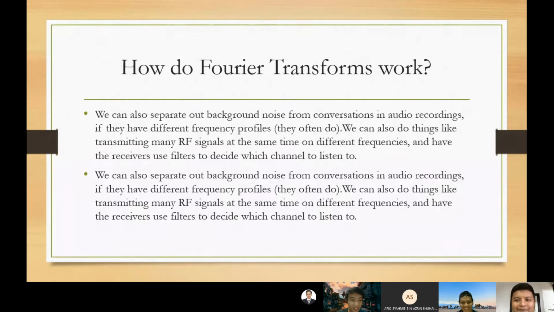We can also do things like transmitting many RF signals at the same time on different frequencies and have the receiver use a filter to decide which channel to listen to.